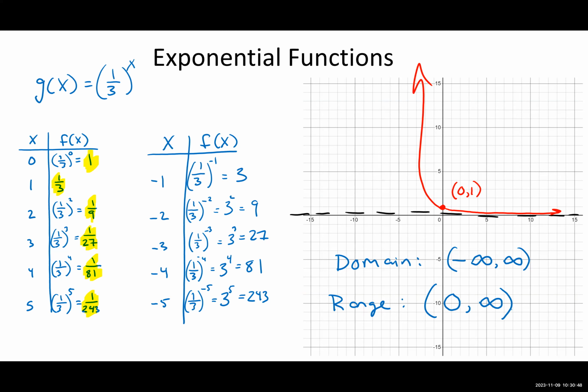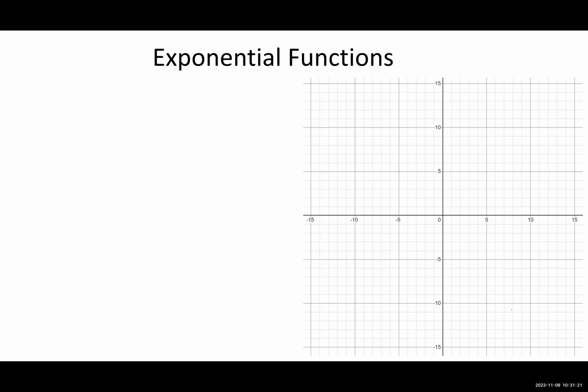Now, sometimes the range will change if we start shifting or moving the graph around. If we apply transformations of functions, then the range might not be 0 to infinity. So generally, our base is going to be a positive whole number, or a positive rational number, a positive fraction, with one exception.